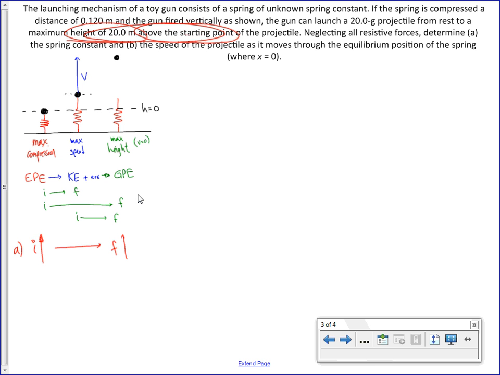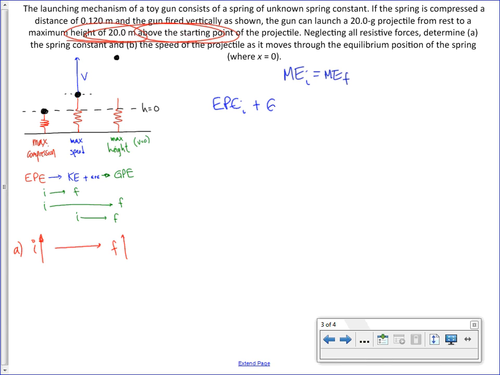Okay, well, I'll start with this. We're going to assume, and a more appropriately phrased question would say, neglect any mechanical energy losses, neglect any friction between the projectile and the barrel of this toy gun, neglect any air resistance, and so on.